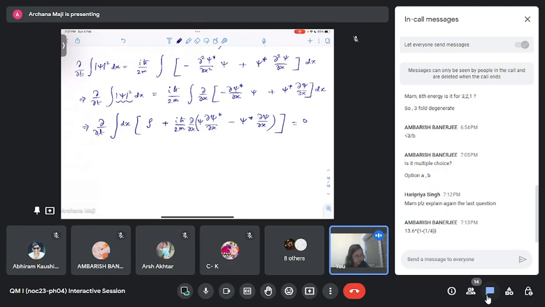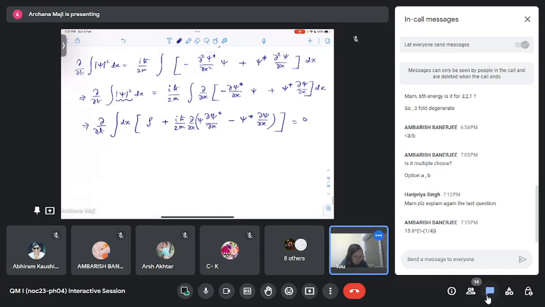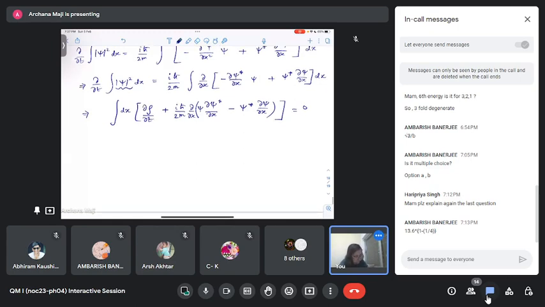If you are doing it for 3 dimensions, then this will be replaced by the gradient. Okay, this will be gradient dot the current J. So for us, what is the current then? Sorry, this del t will remain with rho. Therefore, the current density is i h cross over twice m.